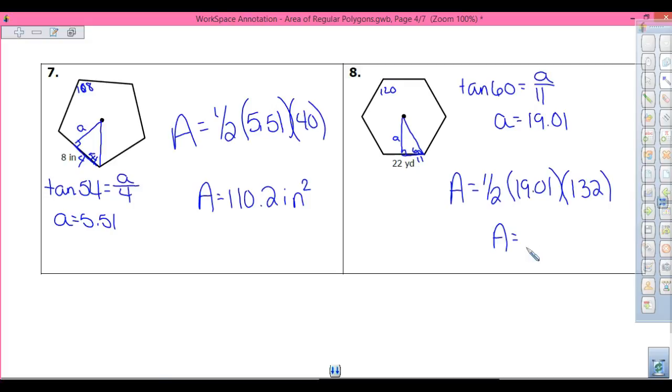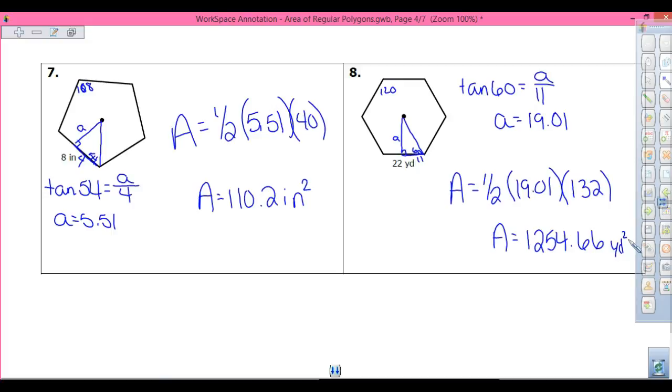Area is... You should all be pushing it in. 166 is what you guys got? Yes, that's good. Yep, you're right. Okay, so a little bit different.